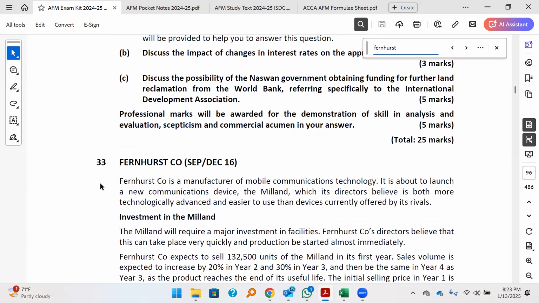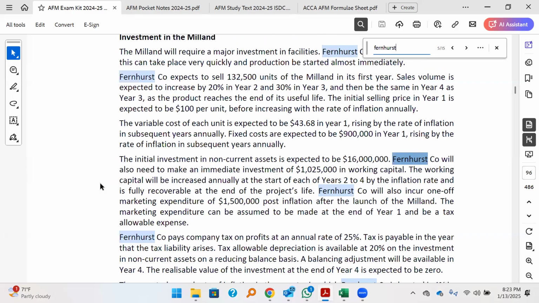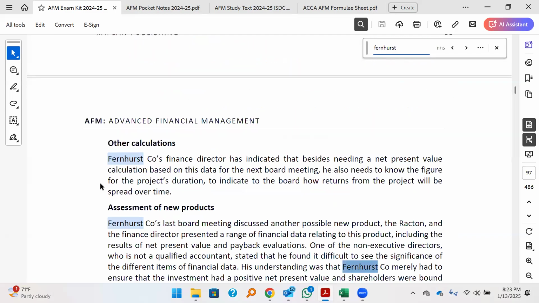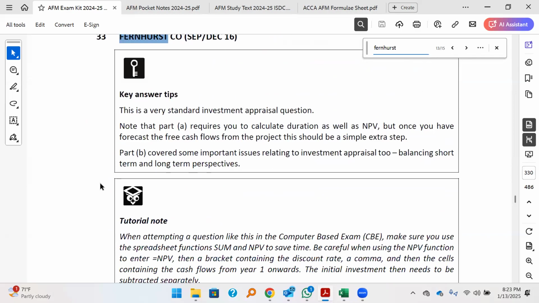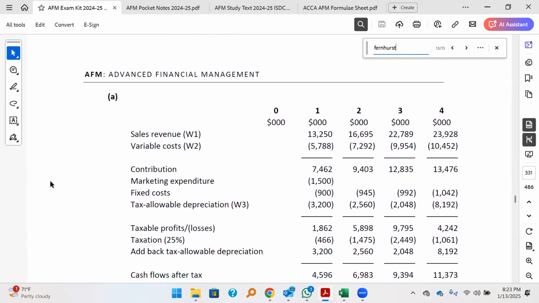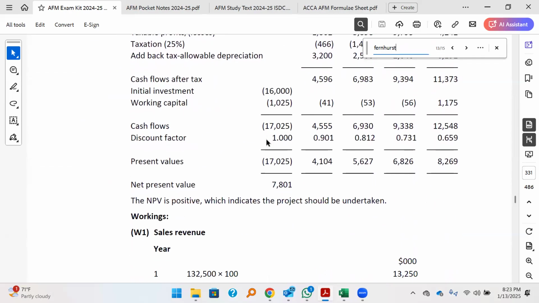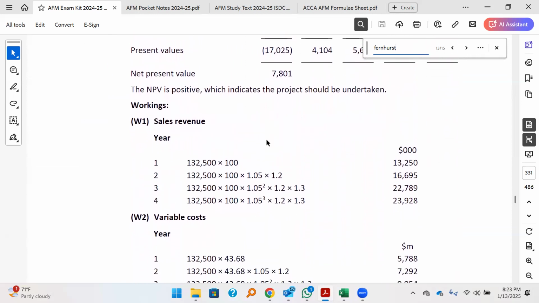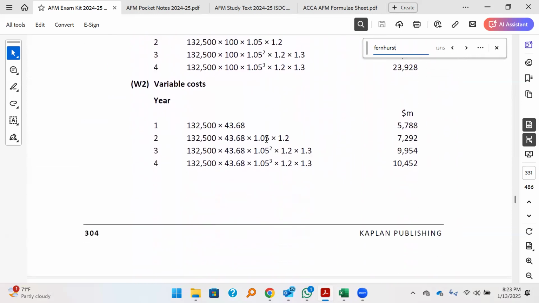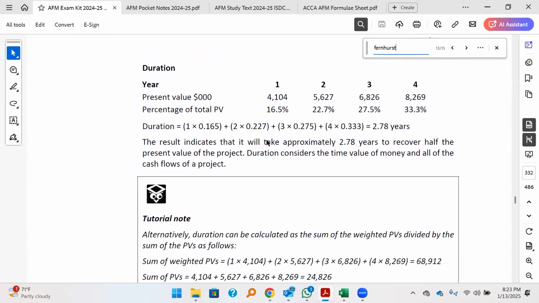So let's go to the solution to this. So of course, when you go to this one, you just check it, but this is okay. Net present value positive, all those things, the workings, that's okay.